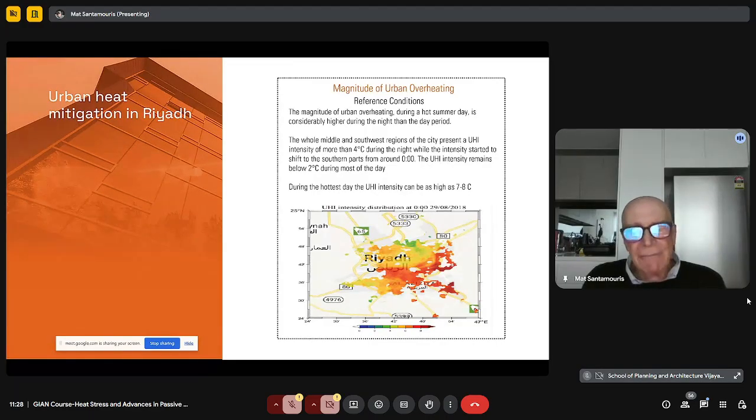So this defines how much radiation is released or emitted by buildings and the ground. And this defines also the radiative losses. So the radiative losses define the temperature difference. And the radiative losses are those that define the temperature distribution in the city.